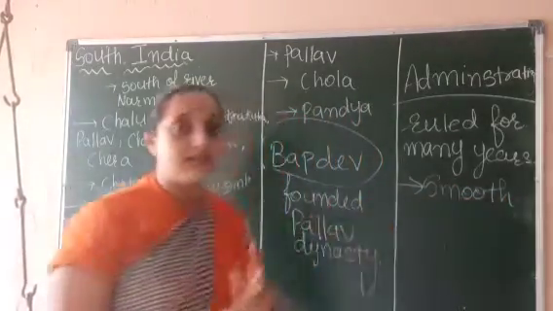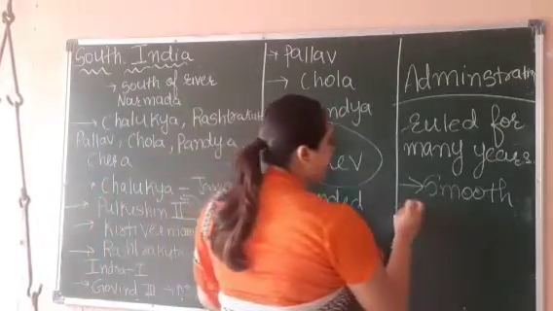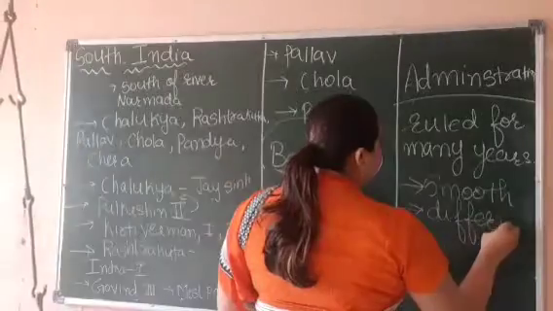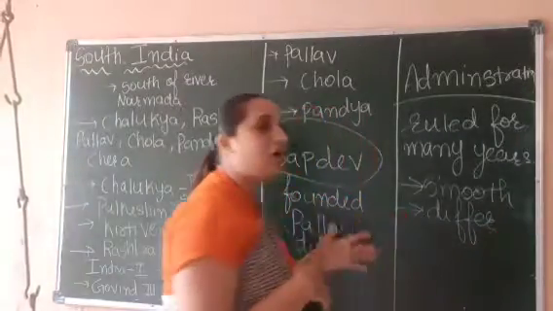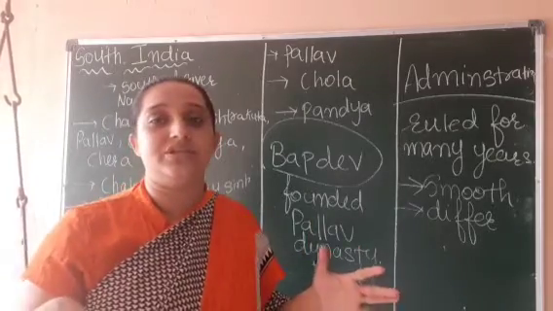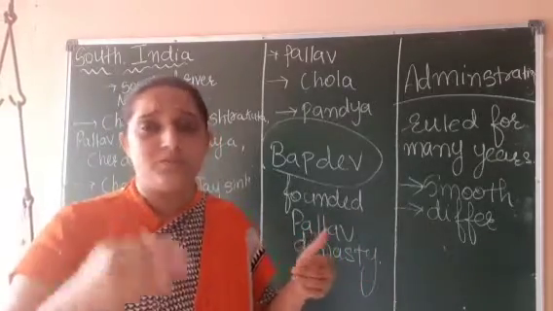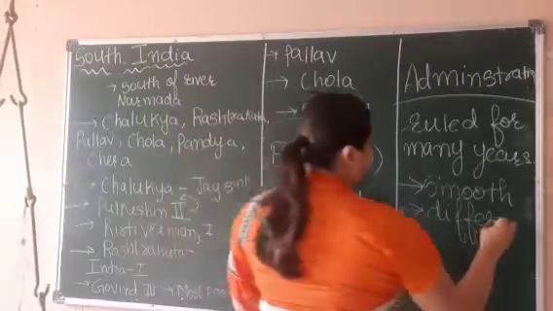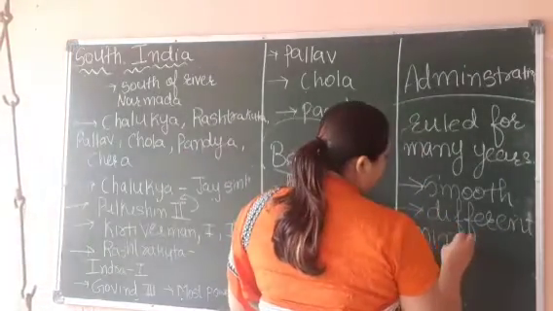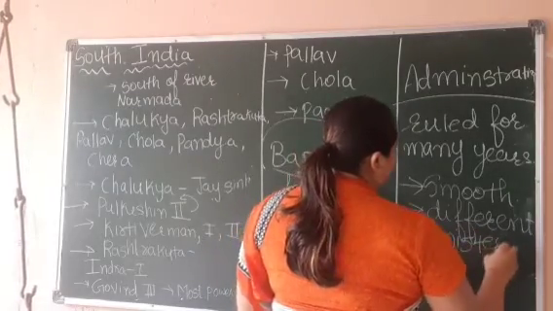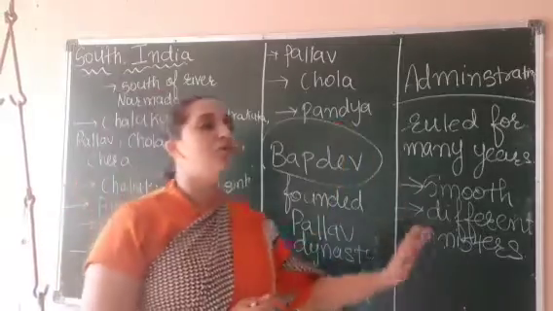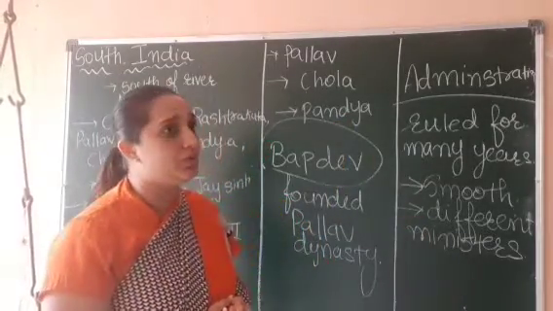They had different ministers in their administration, and they allotted different work to different ministers so that the administration work goes on smoothly, right? So in short, we can say that the administration work was very smooth.